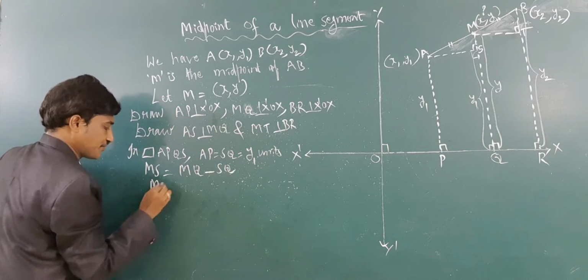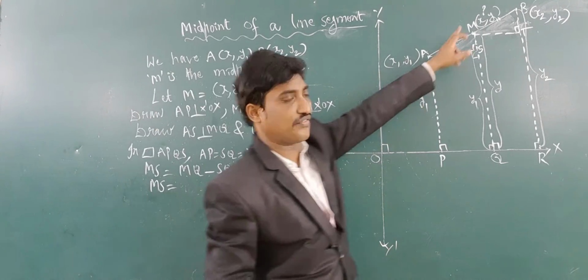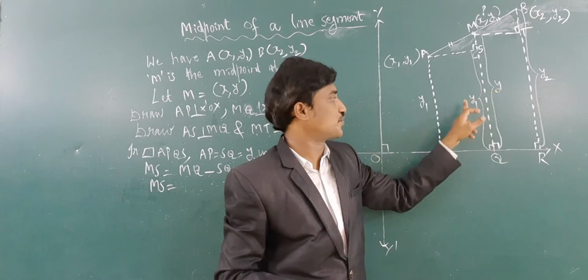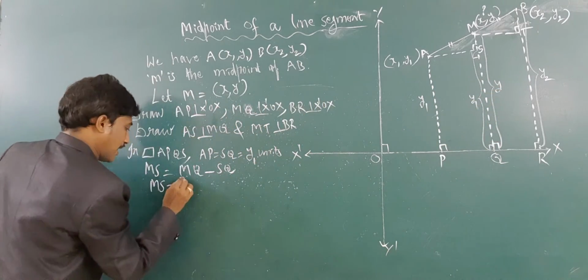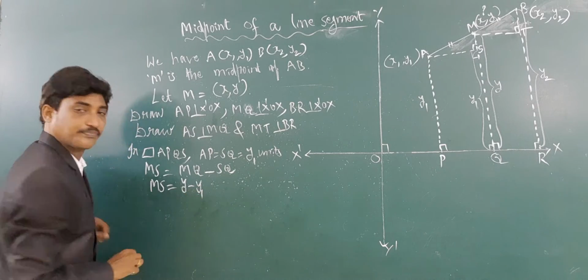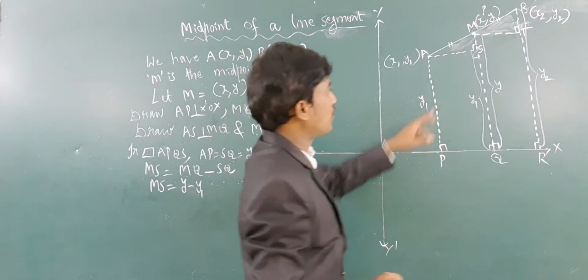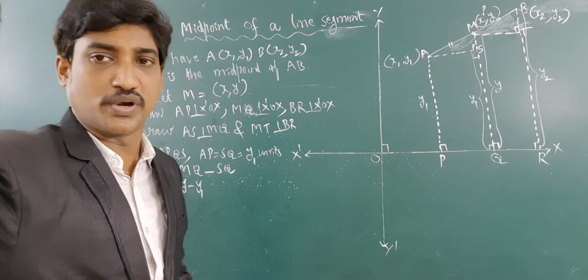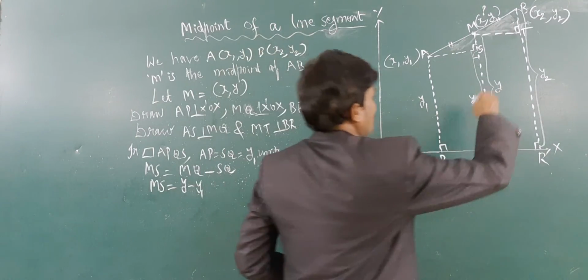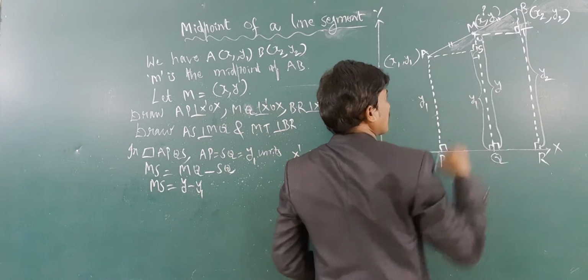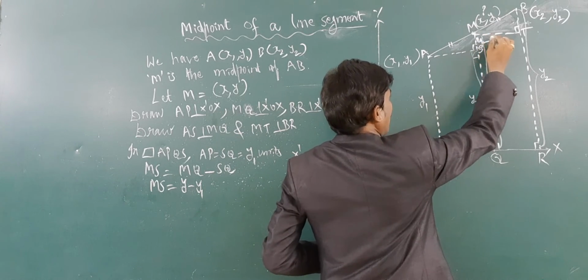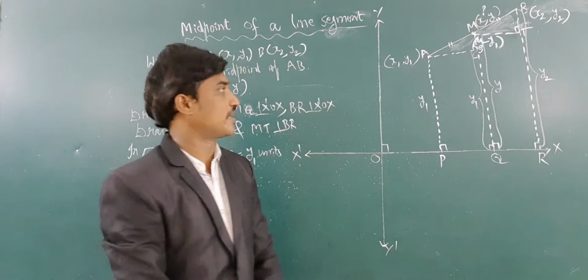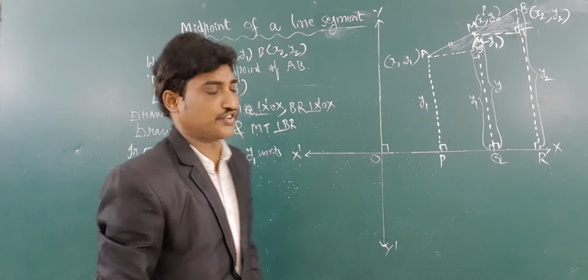That is, MS length is MQ minus SQ, that is y minus y1 units. So we got MS as y minus y1 units.